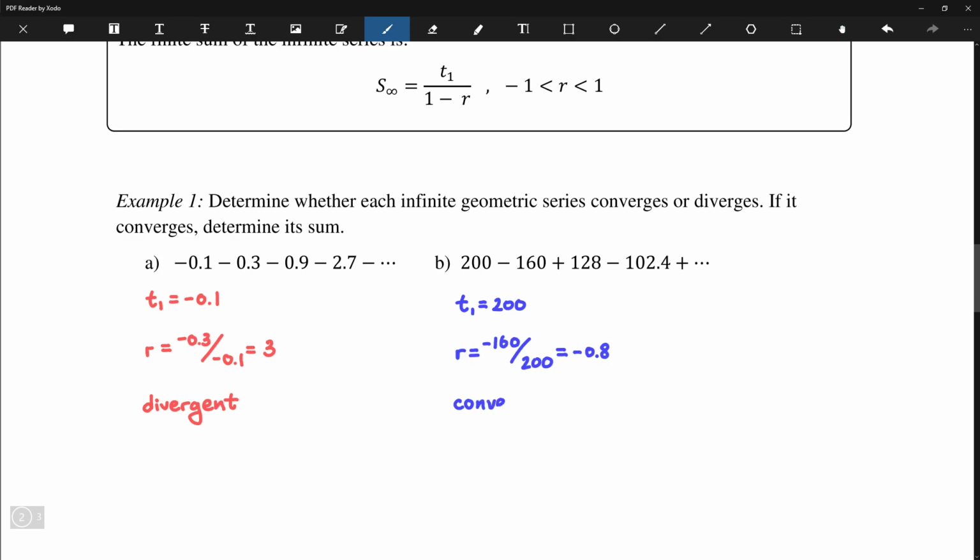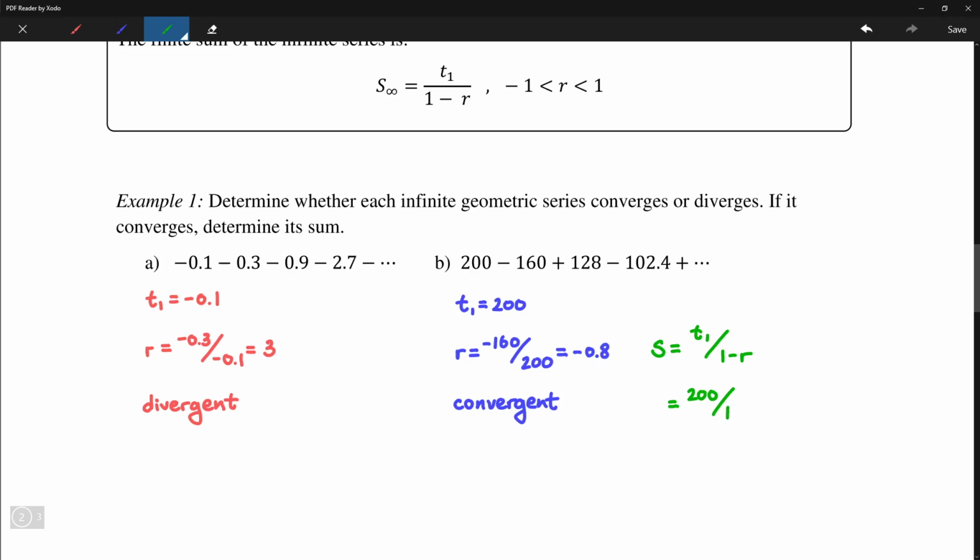It will have a sum that we can find. Okay, let's use the formula here. S is equal to t1 divided by 1 minus r. So t1 is 200, and then we have 1 minus negative 0.8, which means essentially we have 200 divided by 1.8.